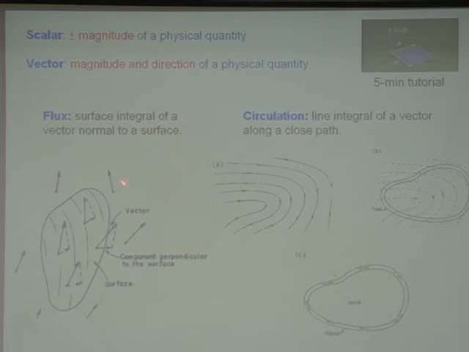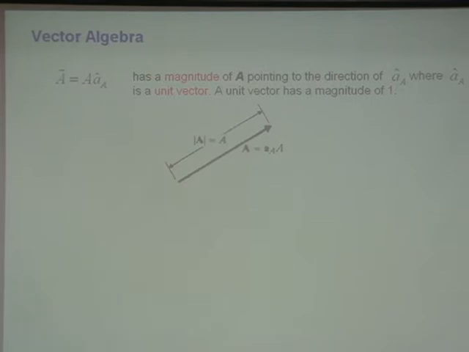Flux is the surface integration of some vector, and circulation is the line integration of some vector over some cross path. OK, 所以这两个概念的话，你应该先记住，然后呢，我们继续往下学数学。OK, flux and circulation.